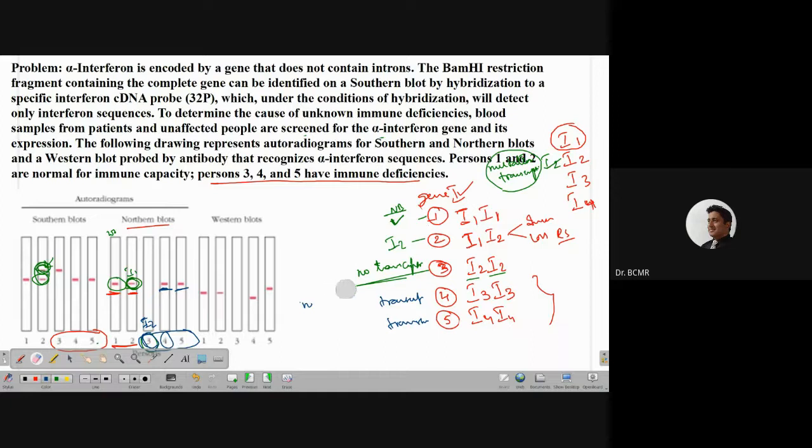Now we will look at the last bit of it. I should have written the order differently, but we will just go by it. Now what we will look at is the Western blot. Western blot is for finding out if a particular protein is present in a given protein sample or not. So we would have isolated the total protein from cell or tissue, and then performed Western blot using antibodies.